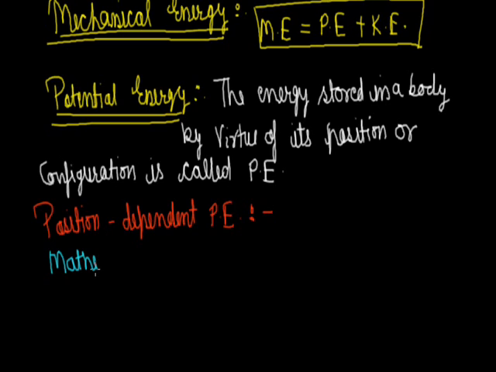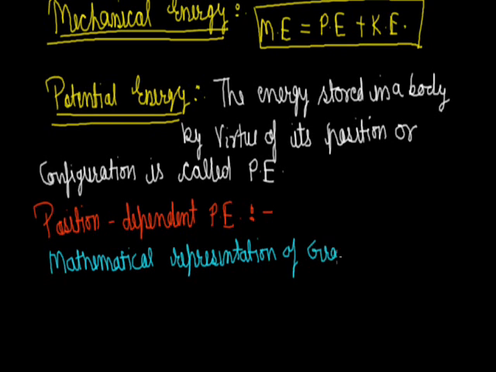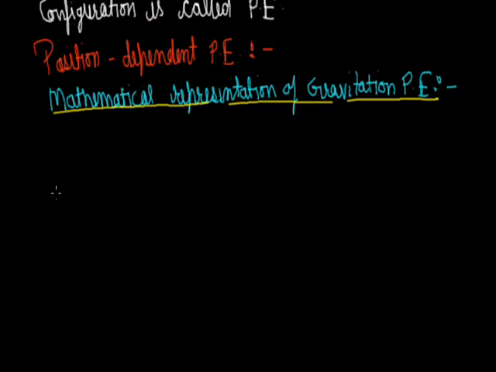We can also write here the mathematical representation of gravitational potential energy. Consider a body of mass m being raised vertically upward through a height h against the force due to gravity.